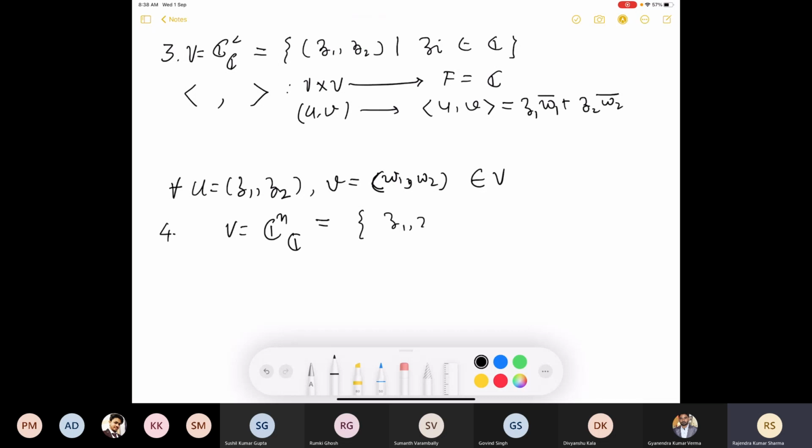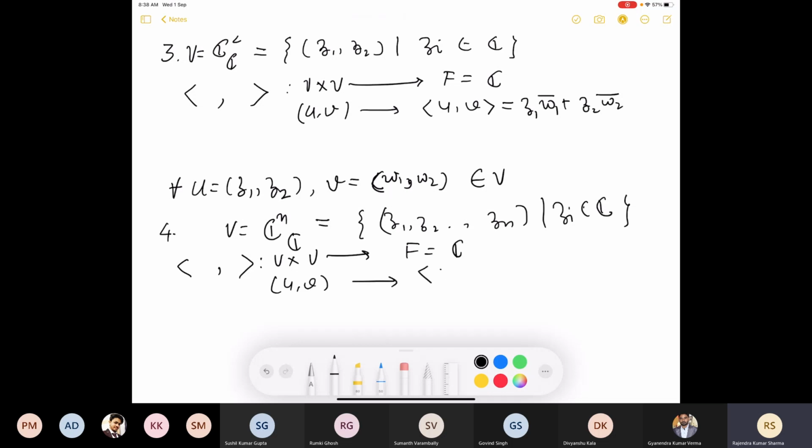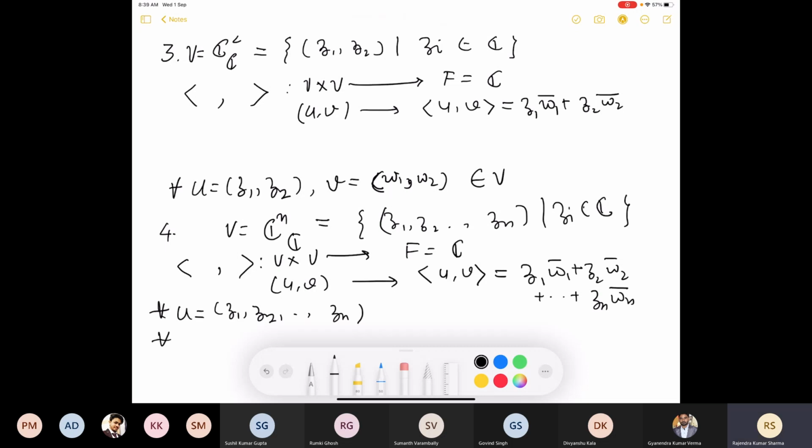So Z1, Z2, and let us say Zn, each Zi is in C, and the inner product here will be a map V cross V to F, F is C, of U cross V going to the inner product of U and V. And this will be Z1 W1 bar plus Z2 W2 bar, and plus more, Zn Wn bar, for all u of the form Z1, Z2, Zn, and for all v naturally of the form W1, W2, Wn in V. So this defines the inner product.